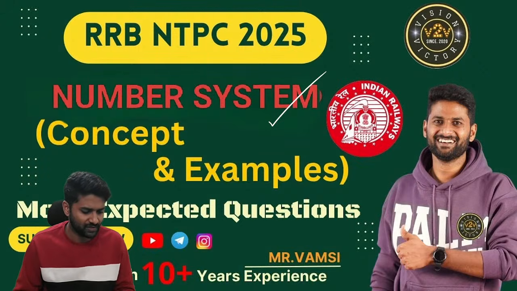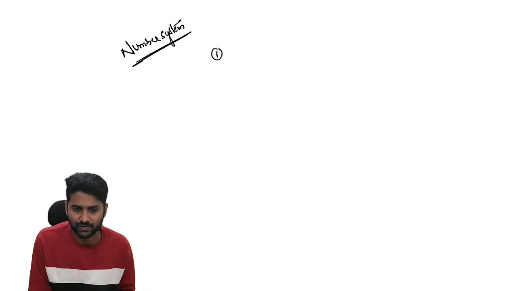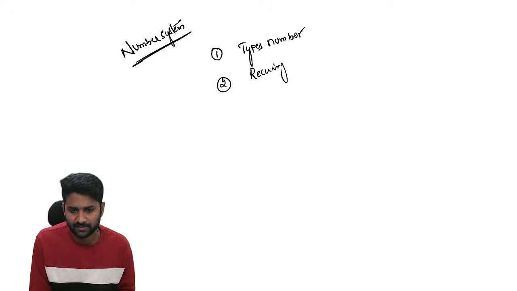If you know the approach for every question, you can go with any question related to this particular topic. First of all, understand the number system. What are the things you have to focus on? In number systems, first you should identify the different types of numbers. Second one is all about the recurring of decimal concept.